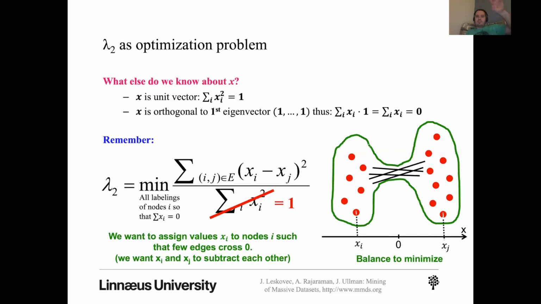So for every positive element, I need a negative element that balances it, in order to satisfy the constraint that the sum of all the elements of the vector must be 0. So look at how interesting this is, because then I'm necessarily balancing out. This vector needs to find a balance between negative and positive numbers in such a way that it sums to 0.